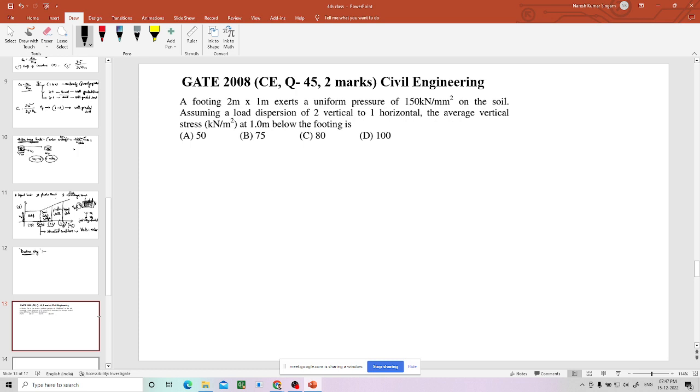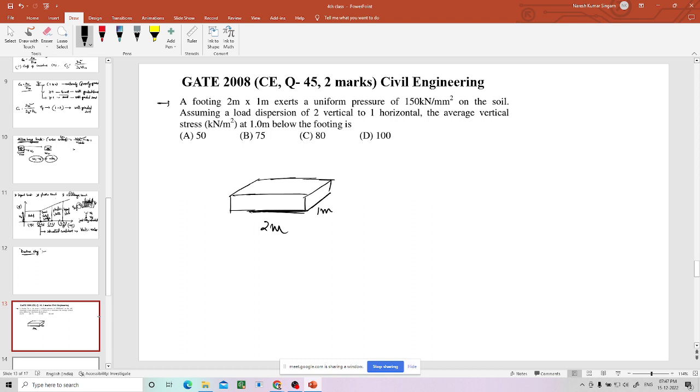simple. So you can just see a footing 2 meter by 1 meter. Okay, let us say this is 2 meter and this is 1 meter.